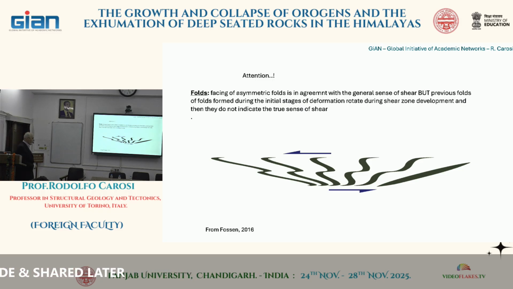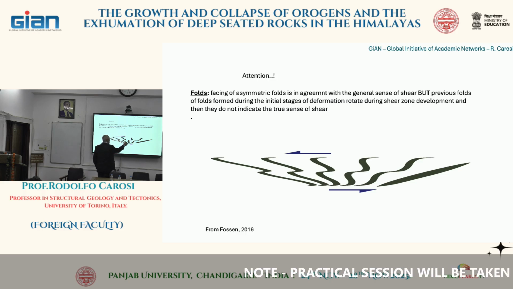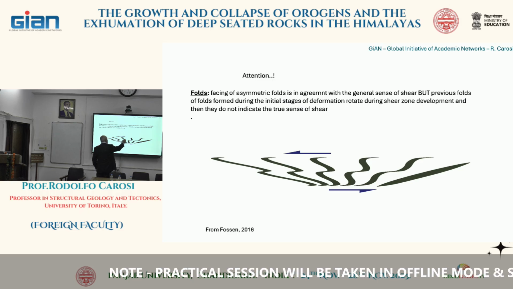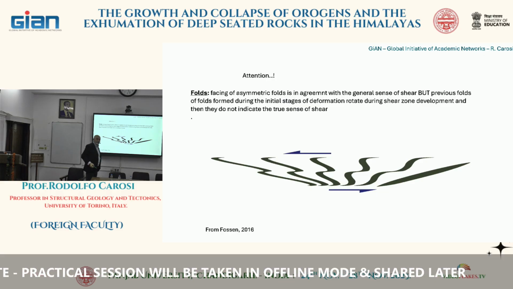there is a simple experiment made by Fossen that you can start with a layer like this in a sinistral sense of shear. You start to develop asymmetric folds like this, but when the layer rotates in this direction, you develop asymmetric folds in the opposite sense.